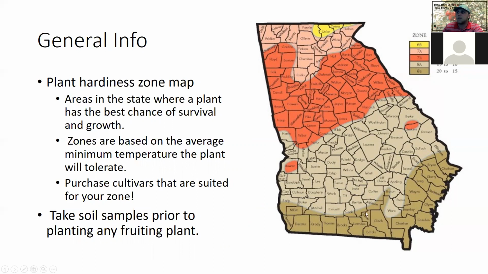You don't want to plant a blueberry plant that is adapted to growing down in South Georgia or along the coast up here in the North Georgia mountains. That's something you need to pay attention to when buying plants.